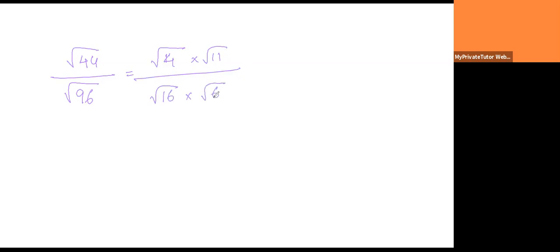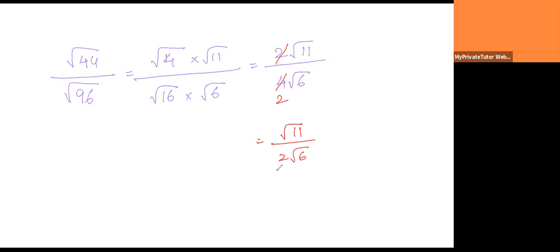And you know that 2 square root 11 divided by 4 square root 6. So 2 2s are 4. So the final answer is square root 11 divided by 2 root 6.